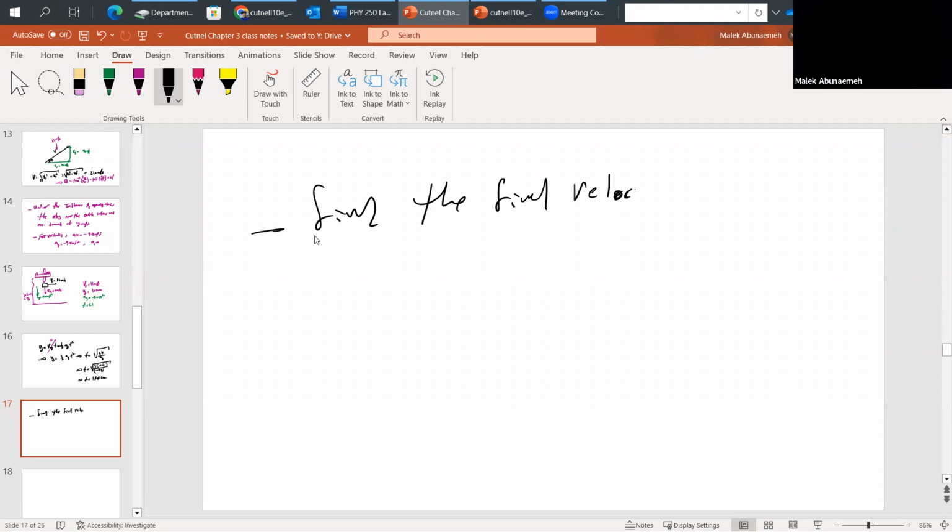All right. Now find the final velocity, the final vertical velocity, which is your final velocity in the y direction. Now, knowing this, we just plug it into one of the kinematic equations.